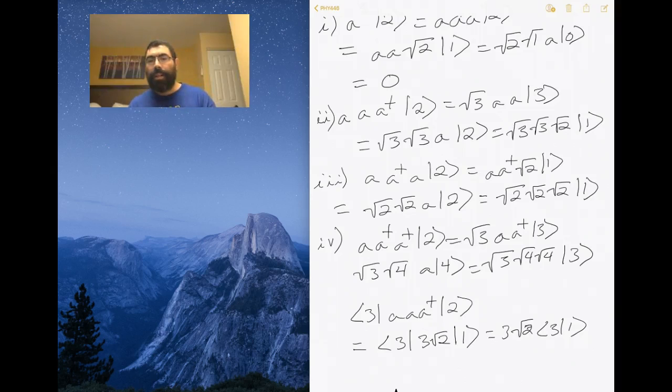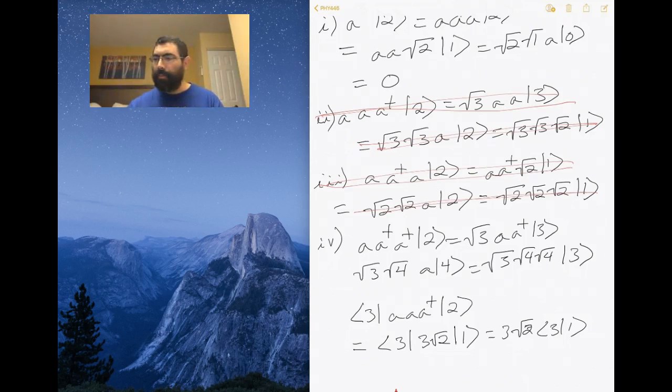But because of orthogonality, I can't make the product of a 3 and a 1. So therefore, I can eliminate this second term because it's going to give me an orthogonality of 0. I can eliminate the third term for the same reason.